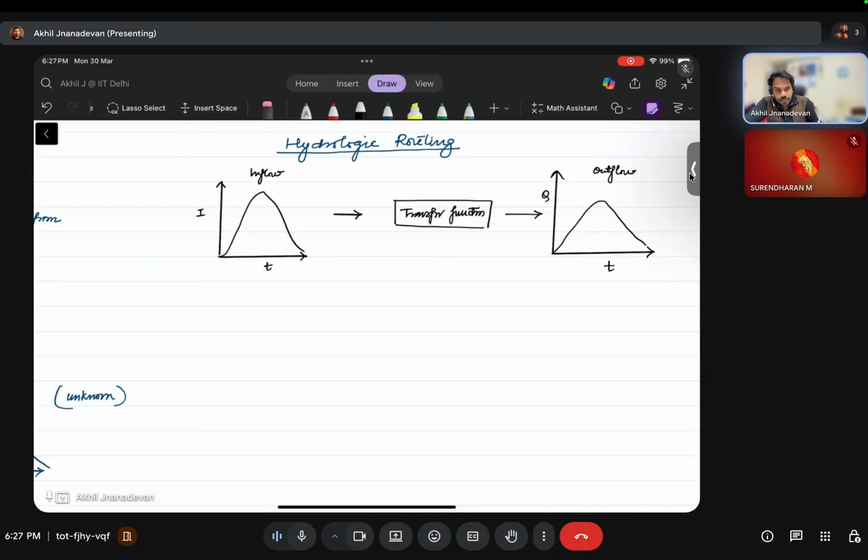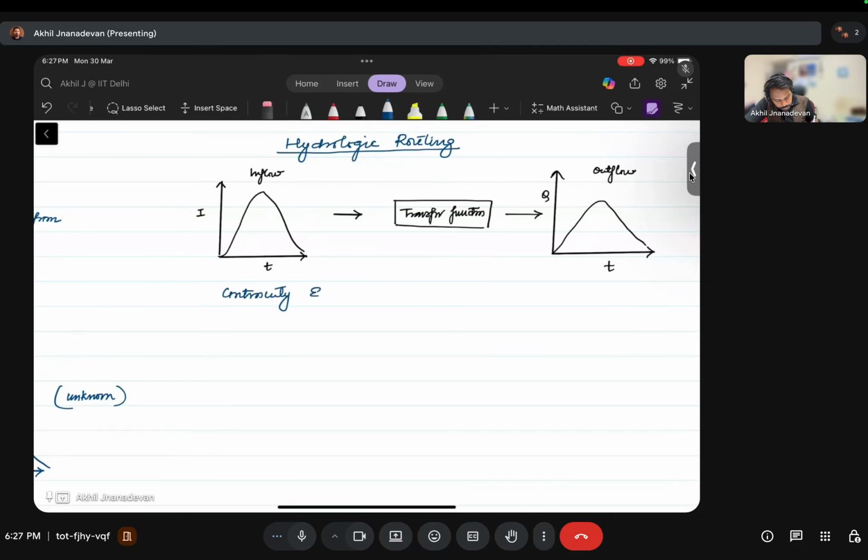And here, as I already mentioned, we will be making use of the continuity equation. We know that for an unsteady process, the continuity equation is dS/dt, that is the change in storage, equal to inflow minus outflow.